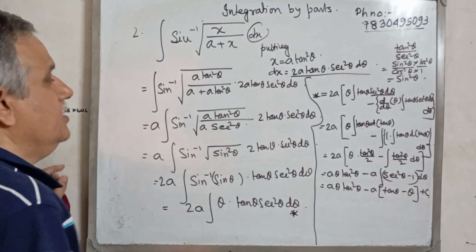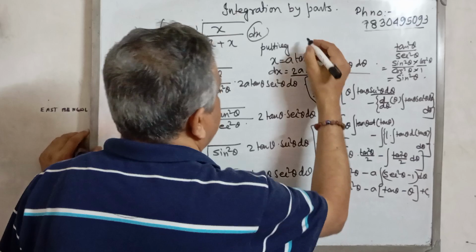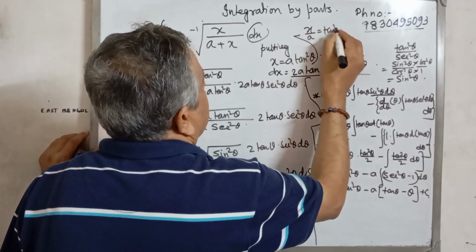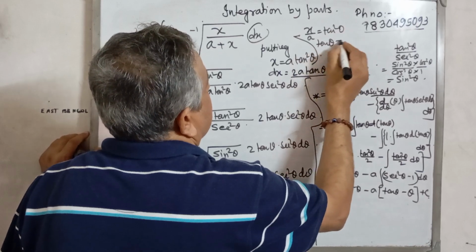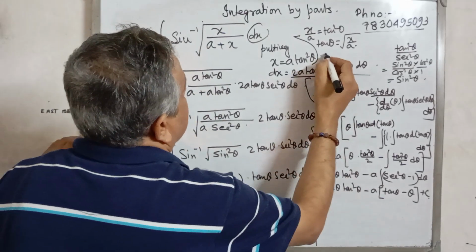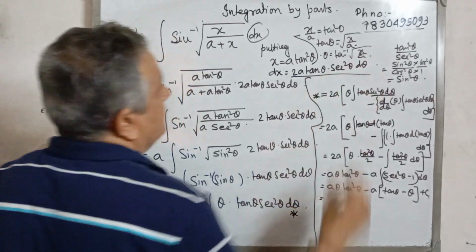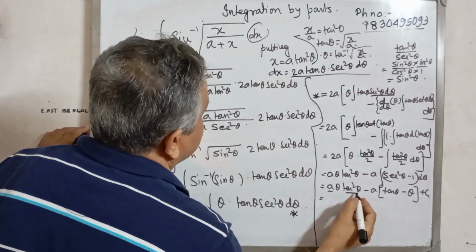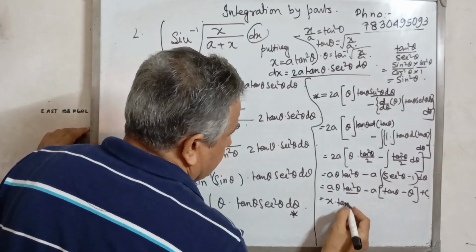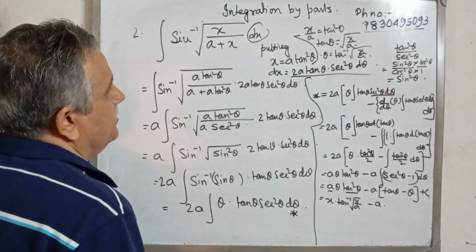Now substitute the value. From here we can write x equal to a tan square theta, and from this x by a is tan square theta. So tan theta is root over x by a, and theta is tan inverse root over x by a. So here a tan square theta is x and theta is tan inverse root over x by a, minus a into tan theta.